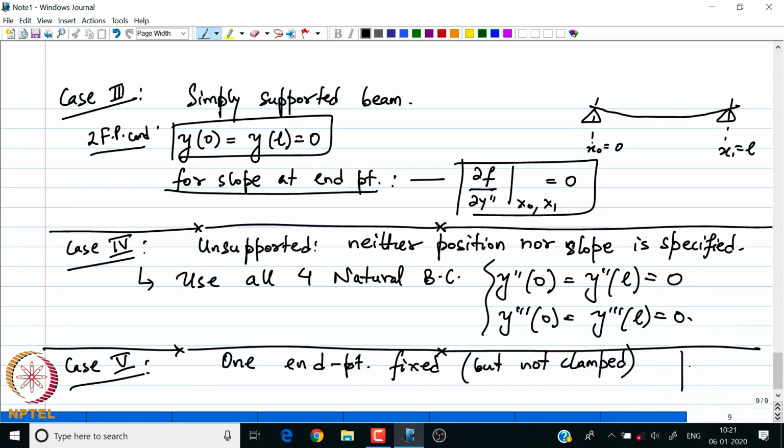We have a beam, let us say the beam has one endpoint fixed. So x 0 equal to 0 has a fixed coordinate y 0, but the slope of the beam at this point is not defined. So in this case, y prime at x 0 also is unknown, right.